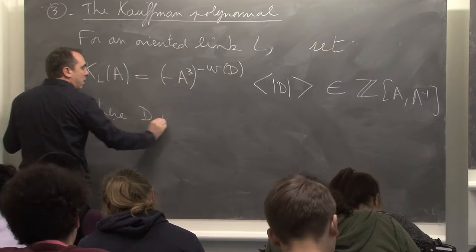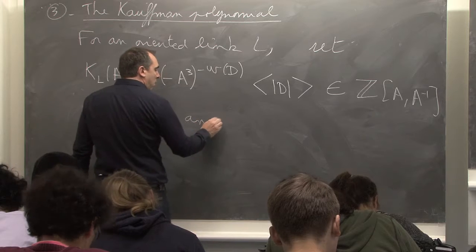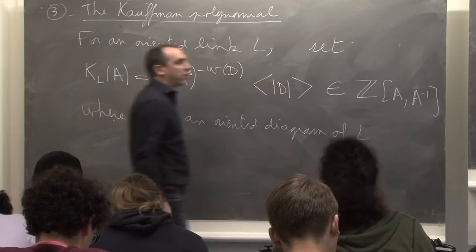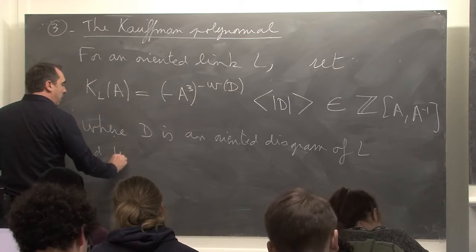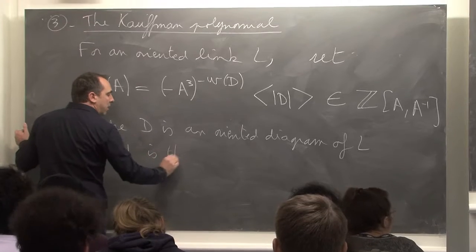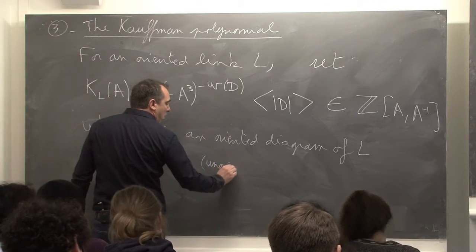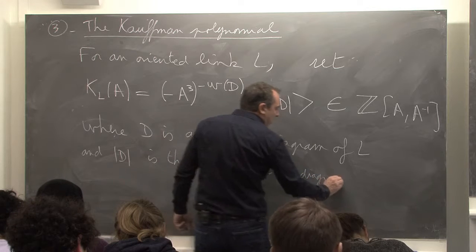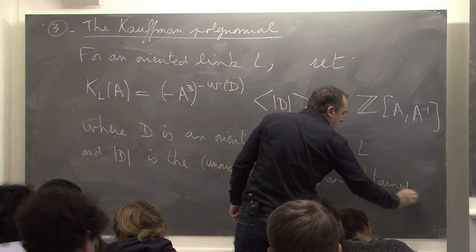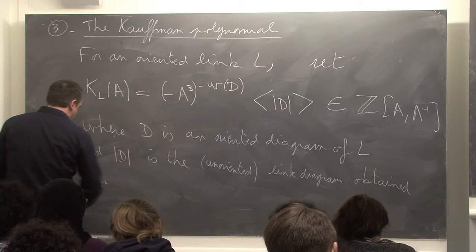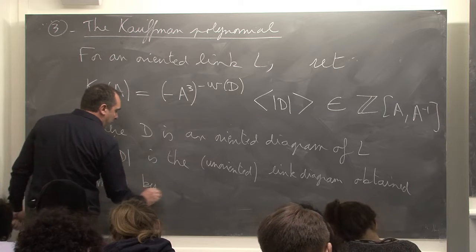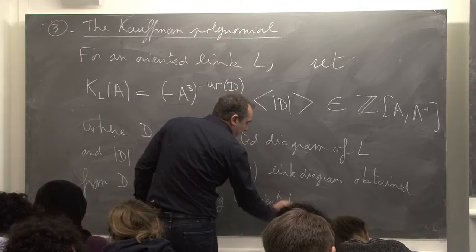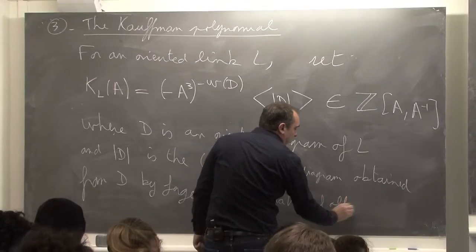Well, here D is an oriented diagram of the link L, of the oriented link L. And this diagram D is the unoriented link diagram which is obtained from D by forgetting the orientation of all components.